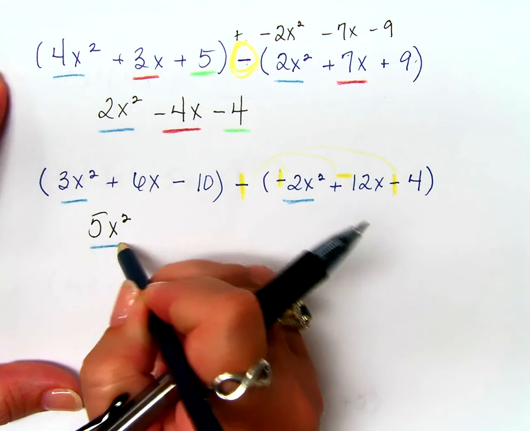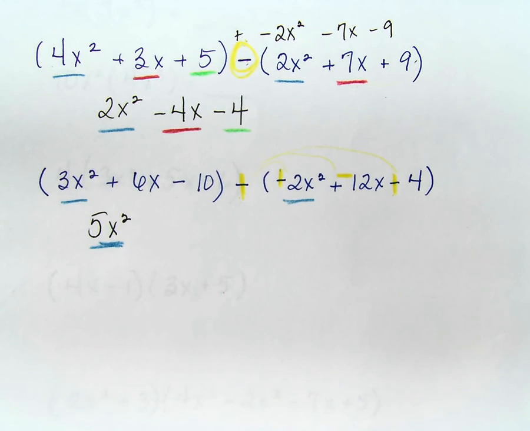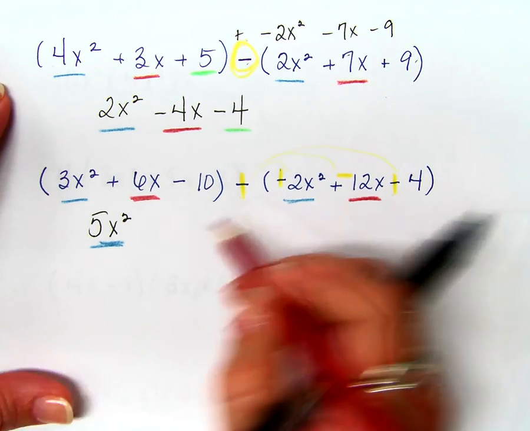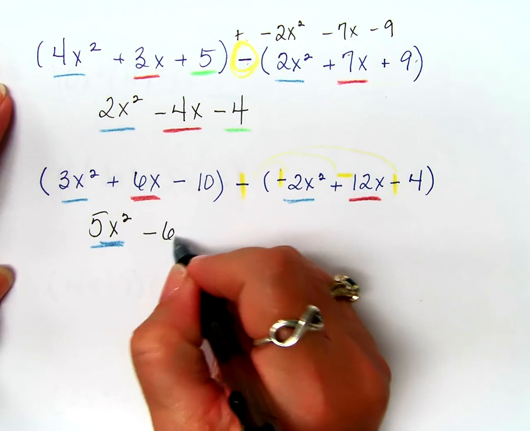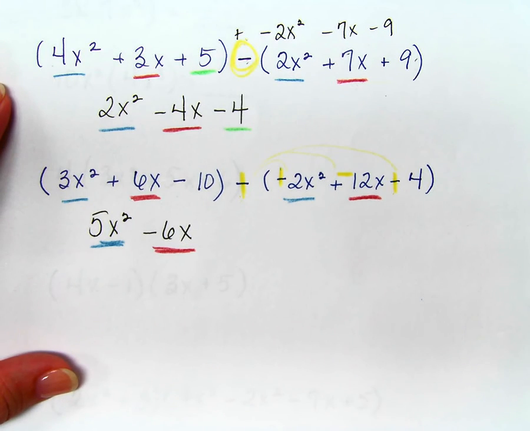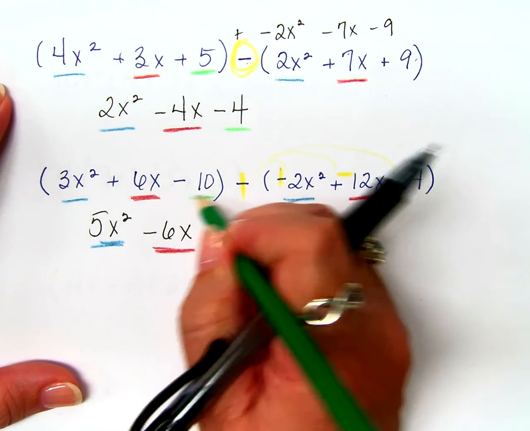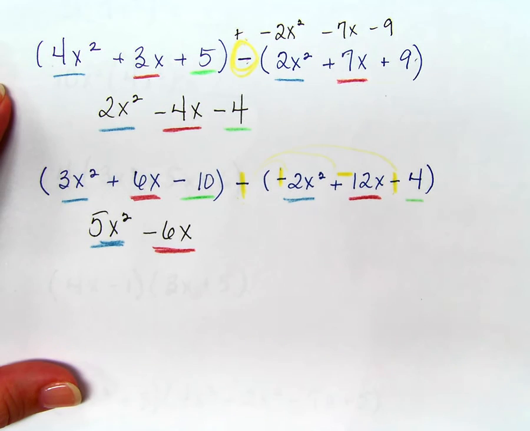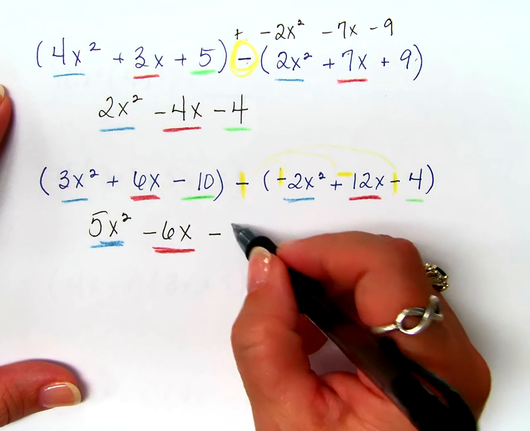Okay? 5x squared. Then I have 6x and negative 12x. Well, that's negative 6x, isn't it? 6x and a negative 12x, 6x minus 12x. Then I have a negative 10 and a positive 4. Negative 10 and positive 4. Negative 6.